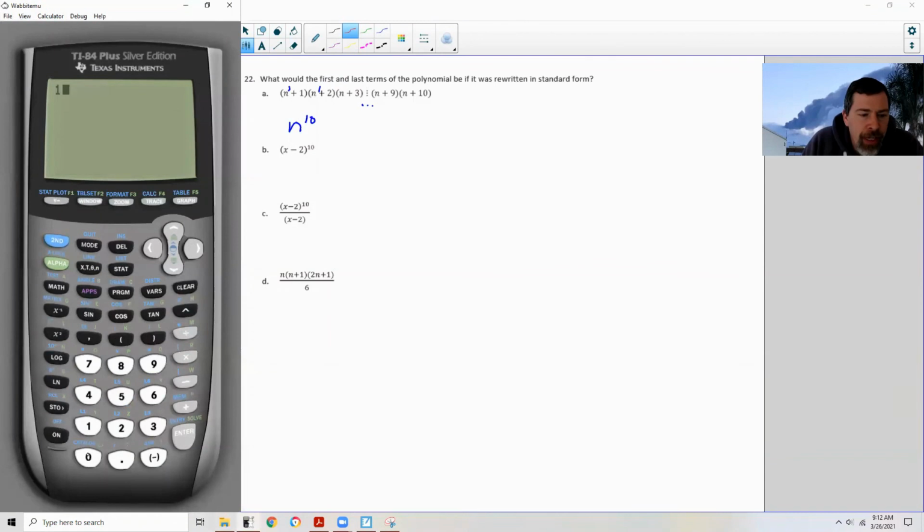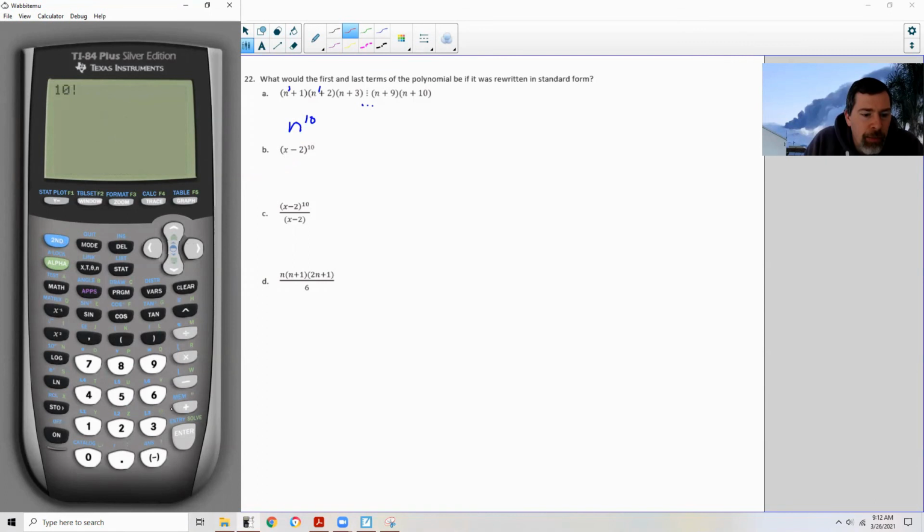So if I do 10, because there's 10 values, and I go to math, arrow over to number, where is factorial? I can't remember. Let me look. Is it under probability? Yes, right there. So let's do that again. Clear. So what you do when you want to do a factorial, you do 10, and then you go math, arrow over to probability, and it's number 4.